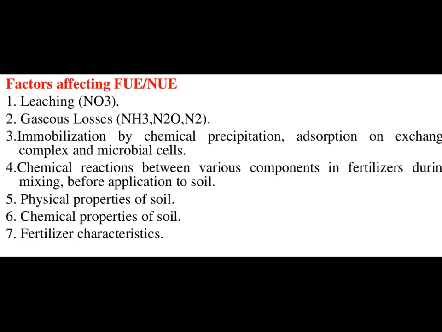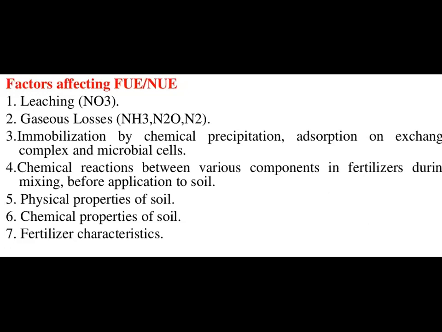Then immobilization, by chemical precipitation, absorption on exchange complex, and microbial cell. It is the conversion of inorganic form into organic form. Then various chemical reactions between components in fertilizer during mixing before application to the soil.